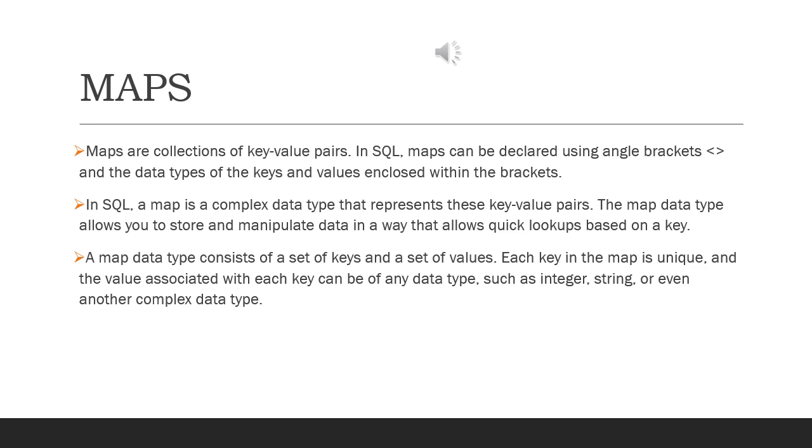The map data type allows you to store and manipulate data in a way that allows quick lookups based on a key. A map data type consists of a set of keys and a set of values. Each key in the map is unique, and the value associated with each key can be any data type, such as integer, string, or even another complex data type.